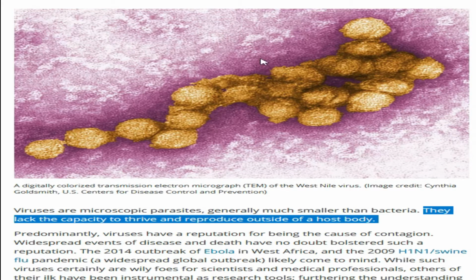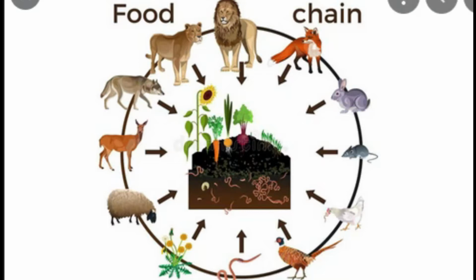And there are many types of viruses, and you can't really see them because they're very, very small. So who can a virus infect? Well, it can affect animals and even plants. And yes, I'm showing you the food chain, but viruses are also in the chain as well.